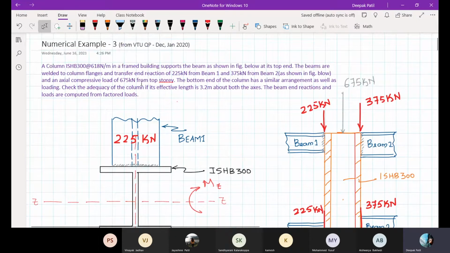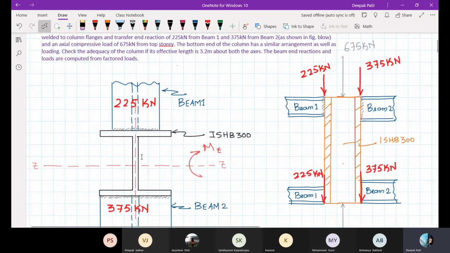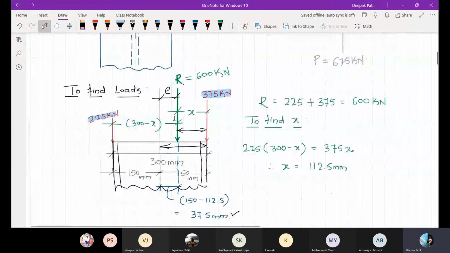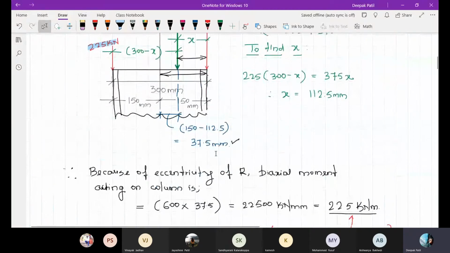They have directly given 675 kilonewton, the actual compressive force, but they have not given the uniaxial bending moment. Instead, they have given that two beams are getting connected and the end reactions are given. Based on that, I also told you how to find out the MZ.